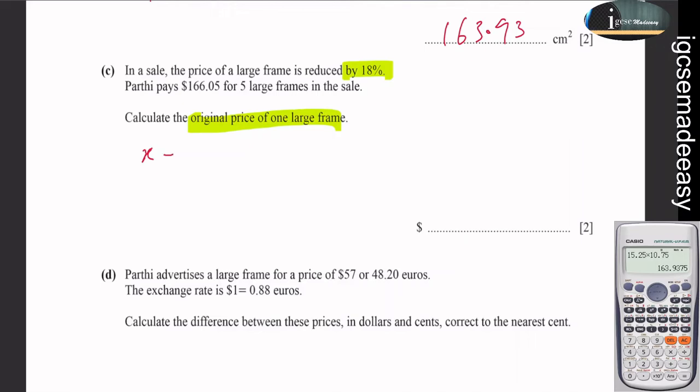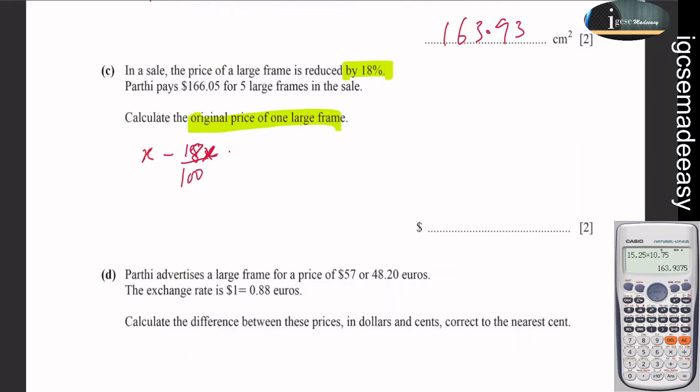So X minus 18% of X. 18% means 18 by 100, right? 18% means 18 by 100 times X, we can write. X minus 18% of X is reduced, right?